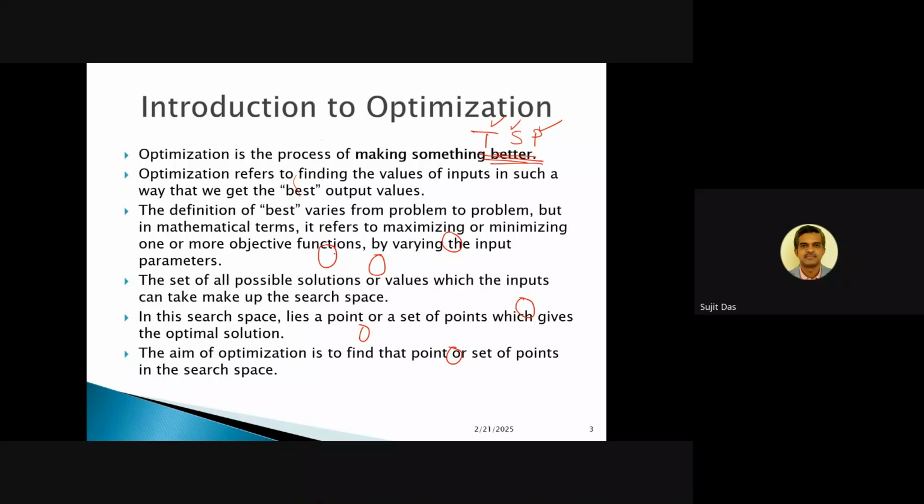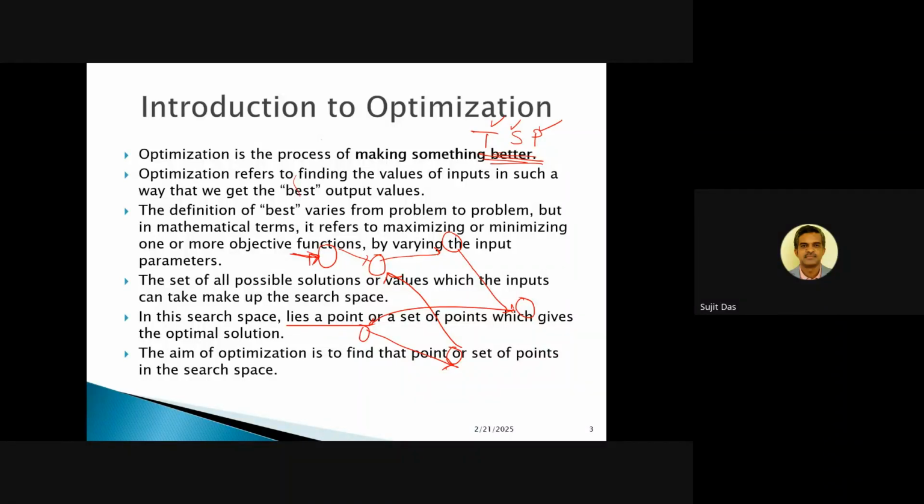And a salesperson, or traveling person, is there. What is the objective of this person? He or she needs to visit all these cities. Let us say he is visiting all these cities in this manner, and then coming back to the initial city where he started the visit.